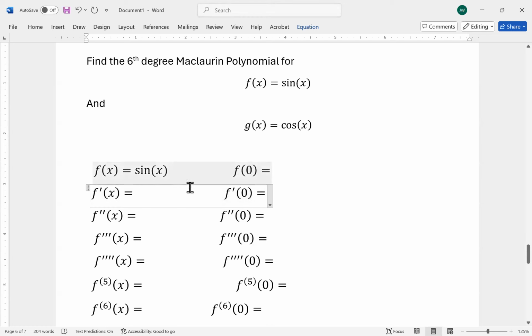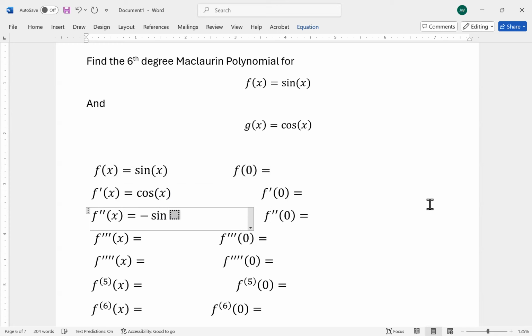So the function is sine. That means that the first derivative is cosine of x. The second derivative, the derivative of cosine, would be negative sine of x. And then the third derivative, we would get negative cosine of x.